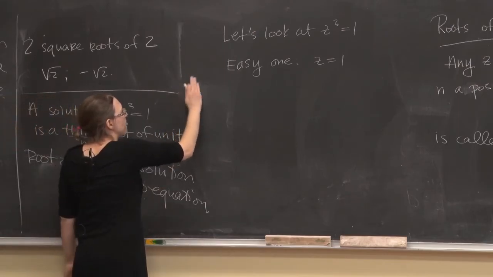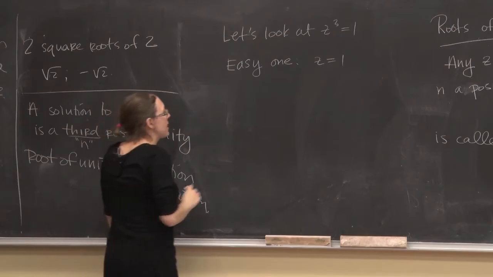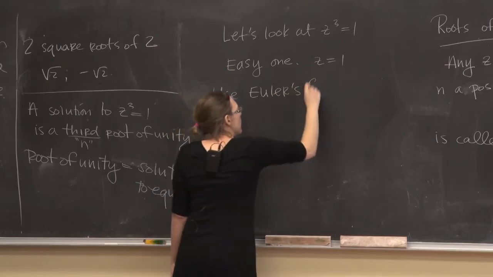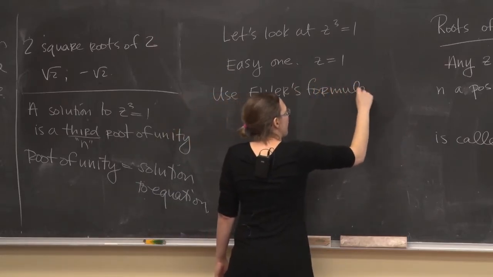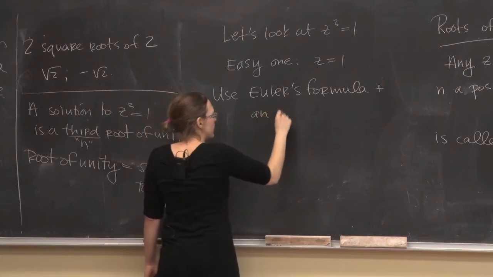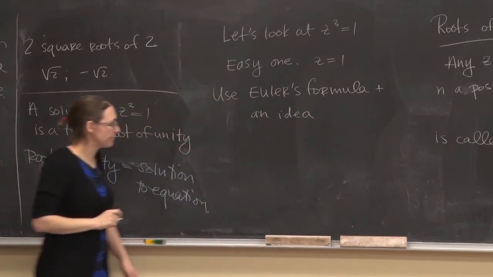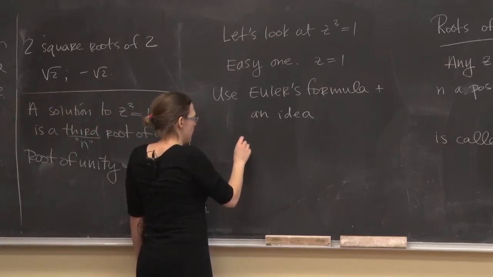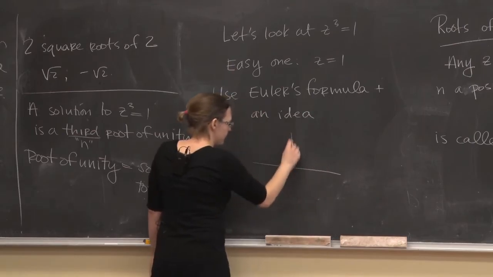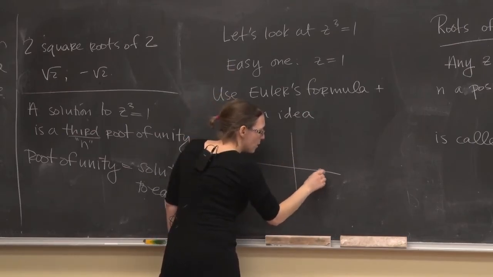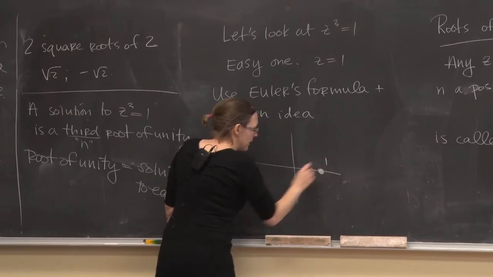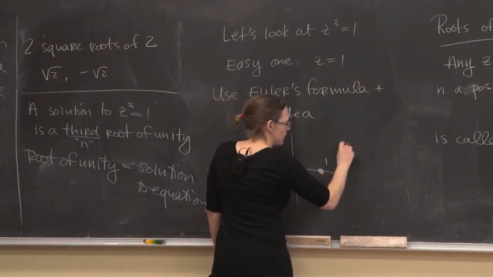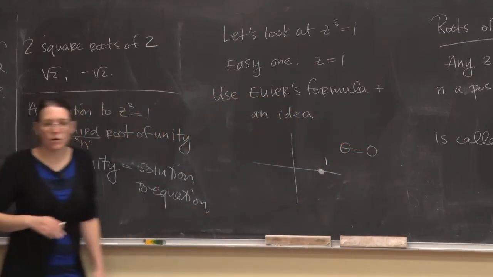How I'm going to do this is I'm going to use Euler's formula plus a trick. I mean, it's not really a trick, it's an idea. My goal is to get the number 1, which I can think of as the number with the angle 0.